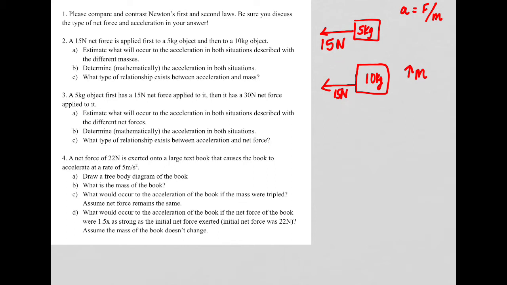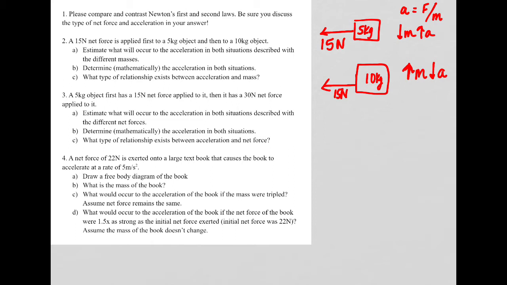We're not changing net force, but we are changing the mass. So we have a low mass here, meaning we would have a higher acceleration. And we have a bigger mass, larger mass, down here in the second scenario, but we would have a lower acceleration because there's an inverse relationship between these two.